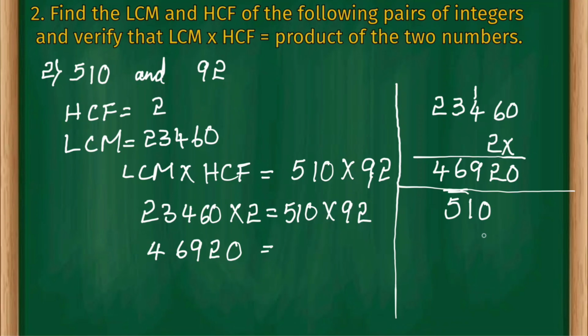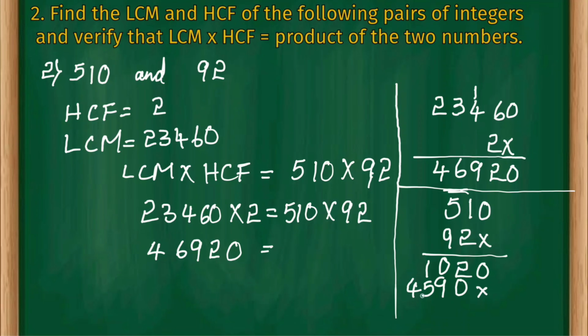On the right hand side also we should get the same answer. Let us multiply the two numbers given in the question, that are 510 into 92. So 2 zeros are 0, 2 ones are 2, 5 twos are 10. Next step, 9 zeros are 0, 9 ones are 9, and 9 fives are 45.